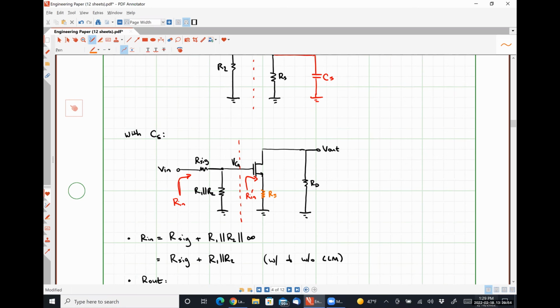So when we got to the voltage gain, we would use those voltage gain relationships instead of the common source voltage gain relationship.